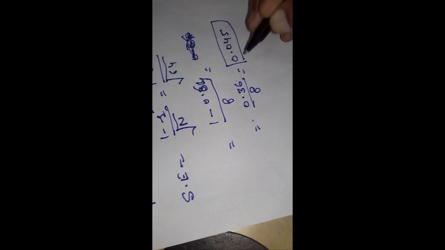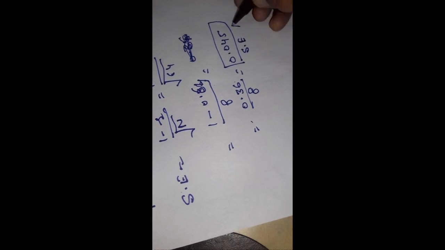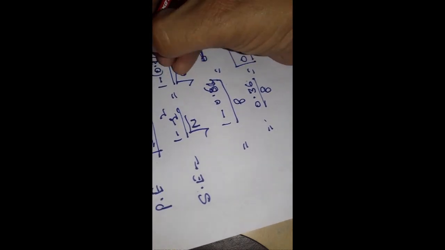And this is the standard error. So we got the standard error and probable error as well.